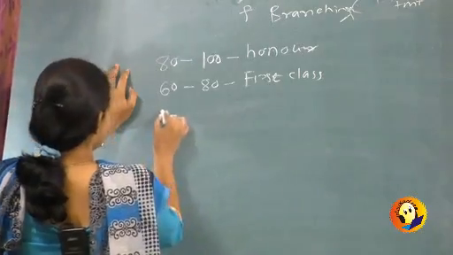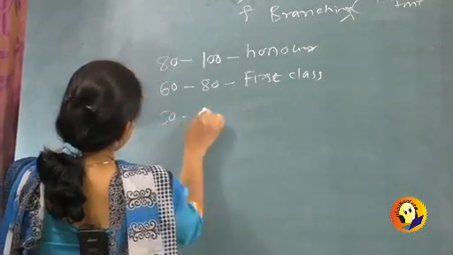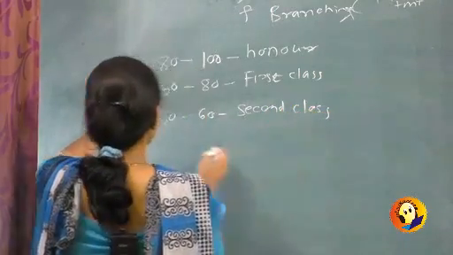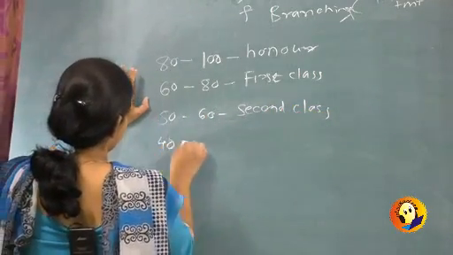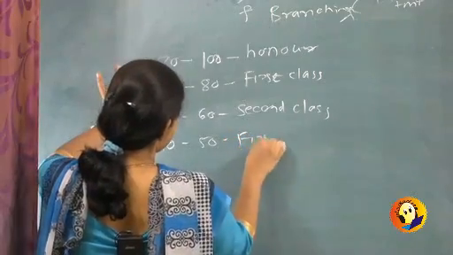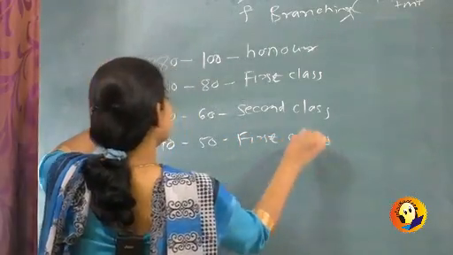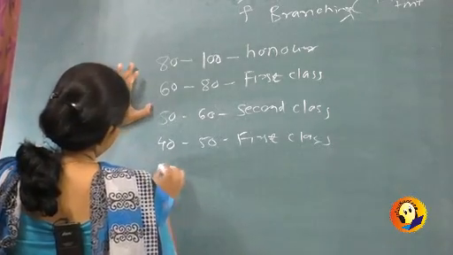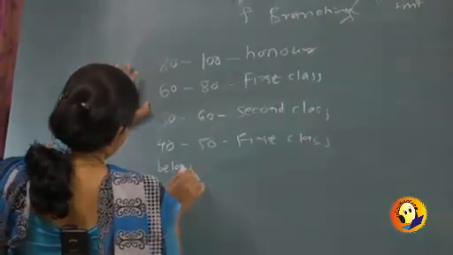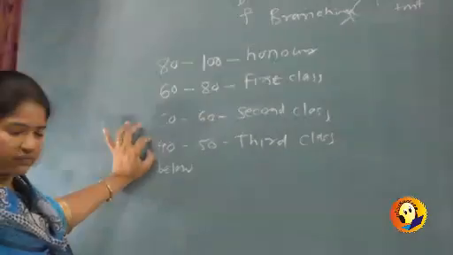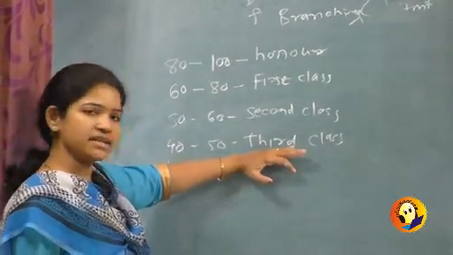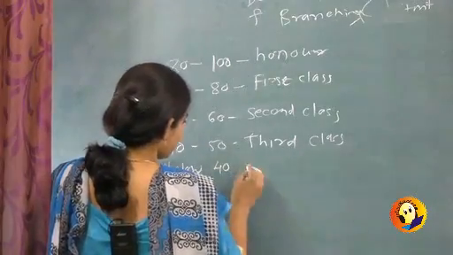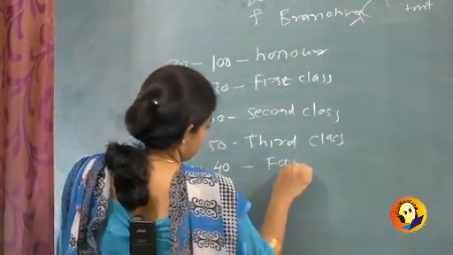If marks are between 50 to 60, then that is second class. If marks are between 40 to 50, that is classified as third class. And if marks are below 40, then that is fail.